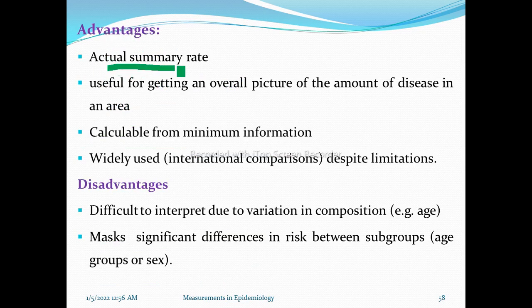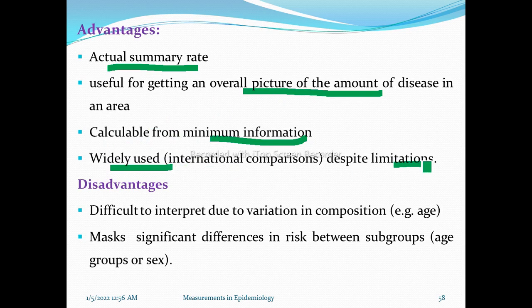That is the first advantage: the crude rate gives us an actual summary rate, a total estimate, useful for getting an overall picture of the amount of disease in that area, calculable from minimal information, and widely used despite some limitations. Widely used means we can use it for international comparisons.